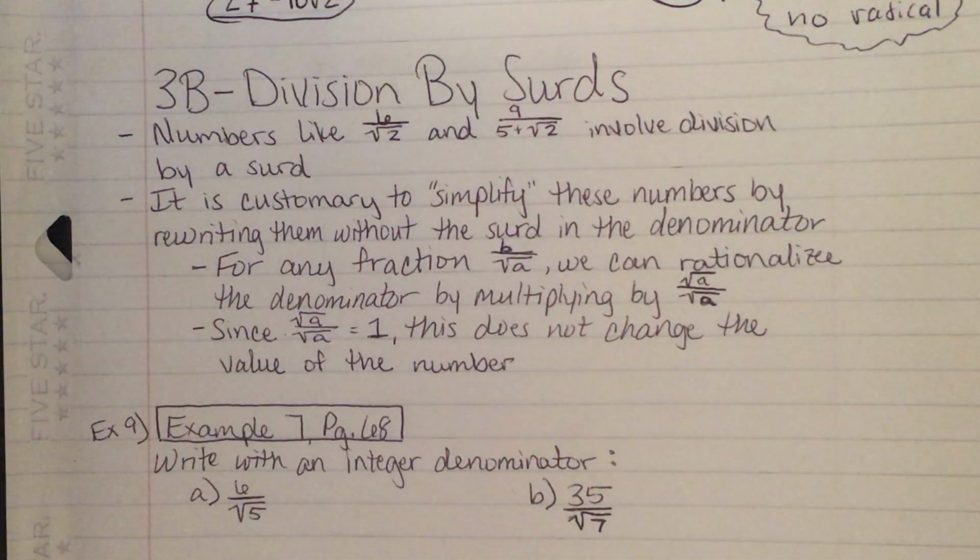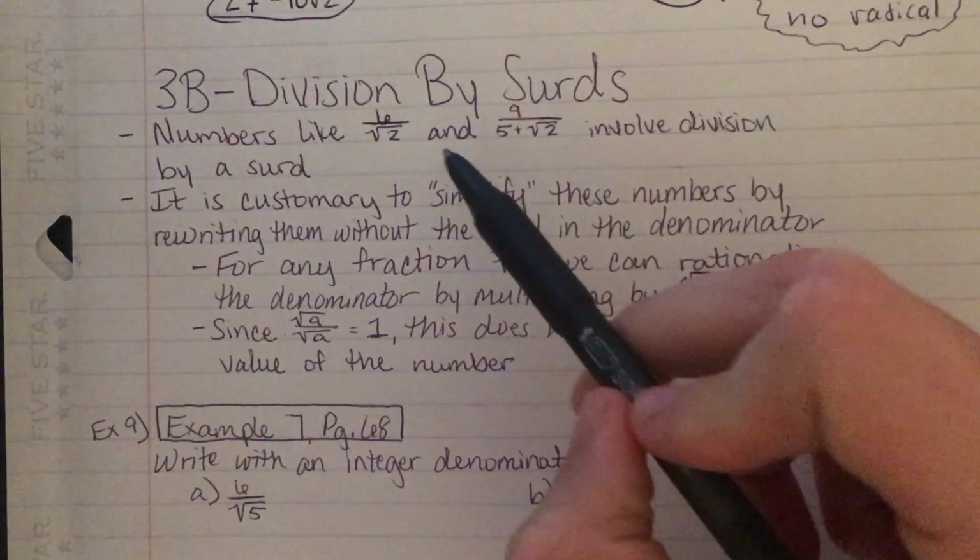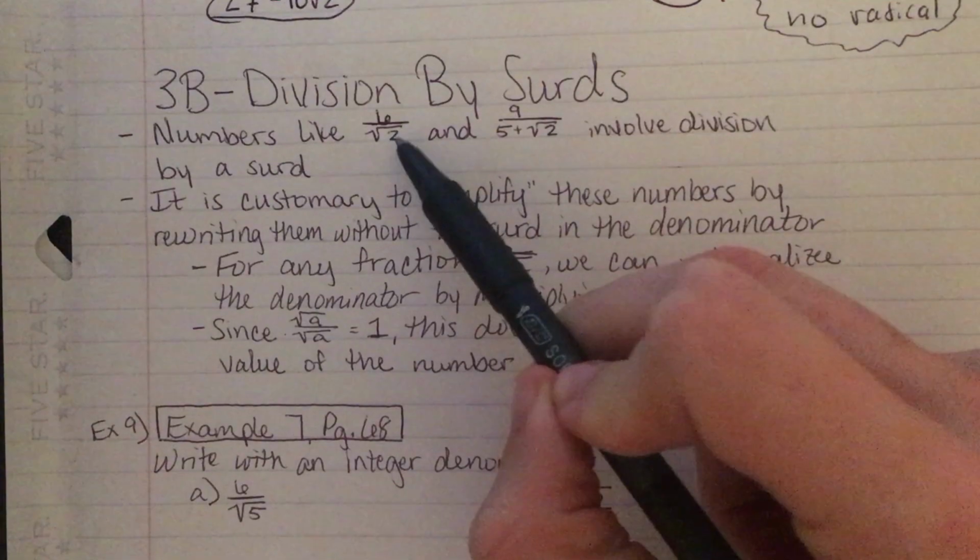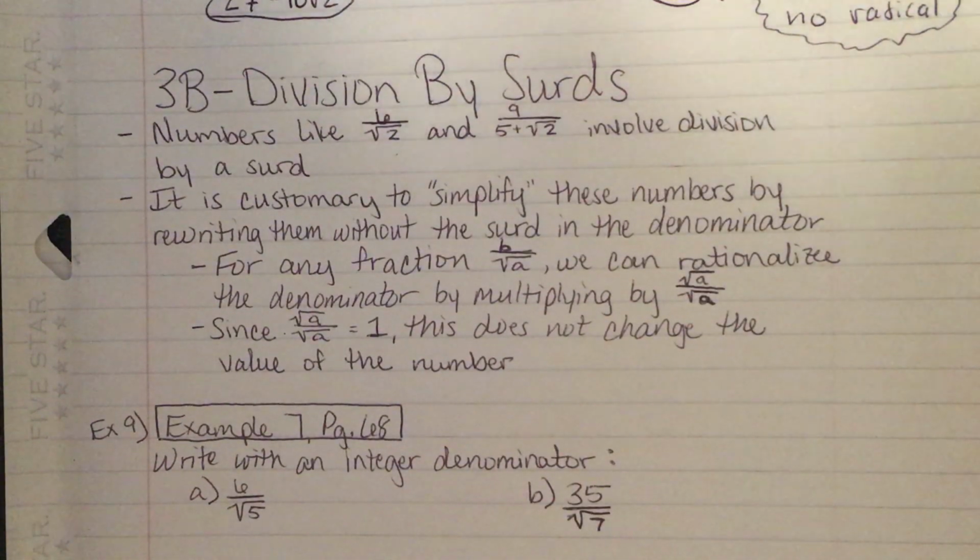Now, the issue with dividing by surds is that typically that means you're going to be dividing by a number that never ends, an irrational number, which means that the division you're going to be doing never ends. So we like to get rid of those surds in the denominator.